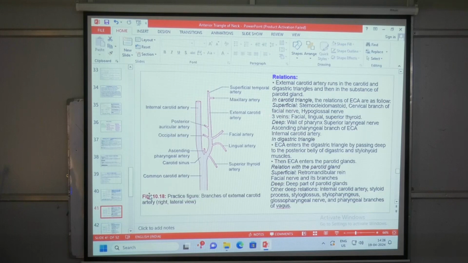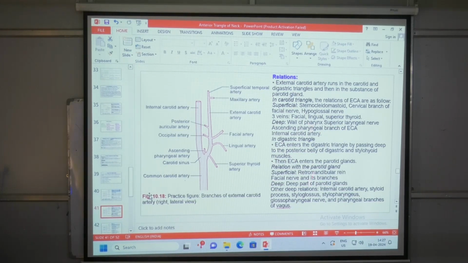So in the carotid triangle, the superficial relations are sternocleidomastoid, cervical branch of facial and hypoglossal nerve, and three veins: facial, lingual, superior thyroid veins. Deep relations: wall of the pharynx, superior laryngeal nerve, ascending pharyngeal branch of external carotid artery, and the internal carotid artery.